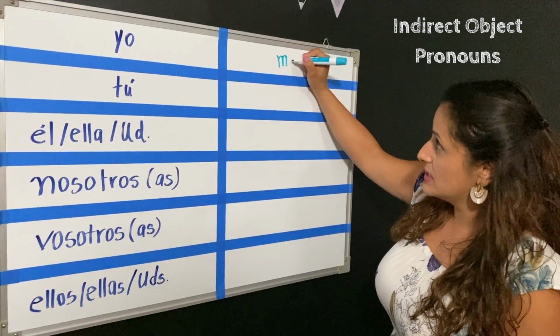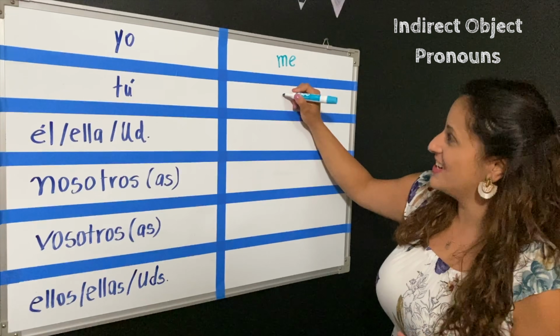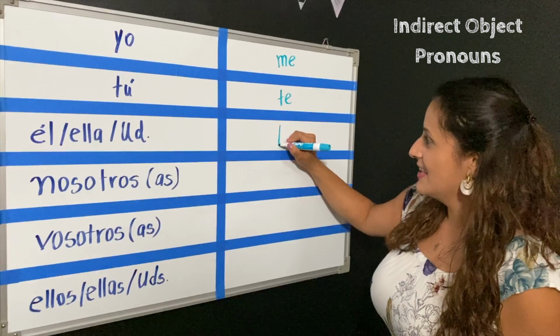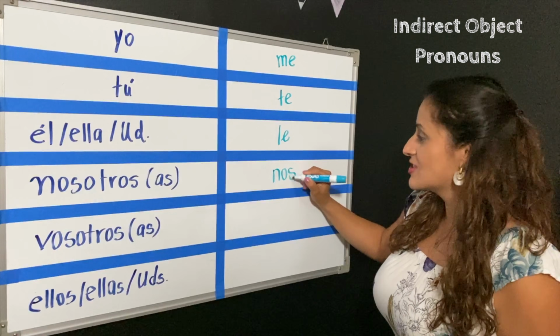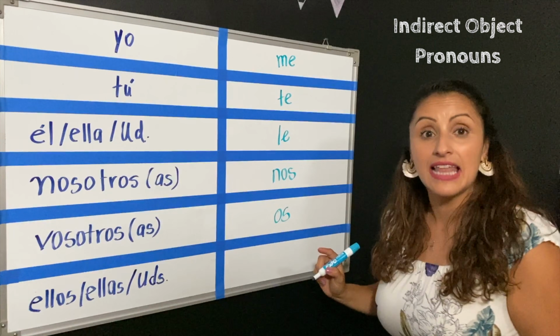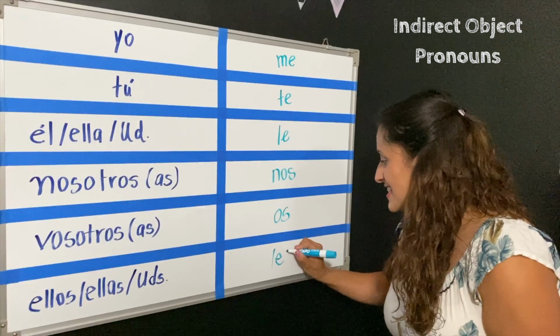So the first one is going to be me, and I think you know the next one. Good. Te. Very good. Le. Muy bien. Nos. Good. Os. And the last one is? Very good. Les.